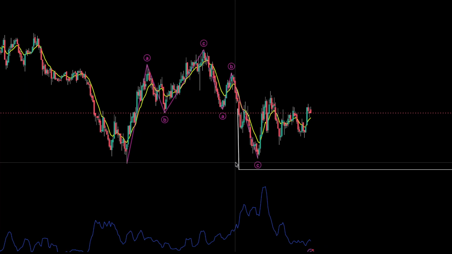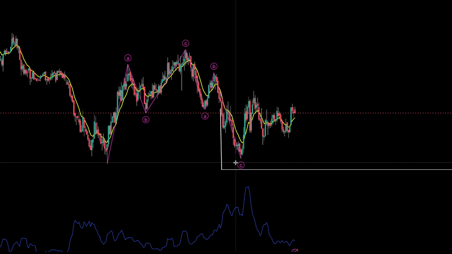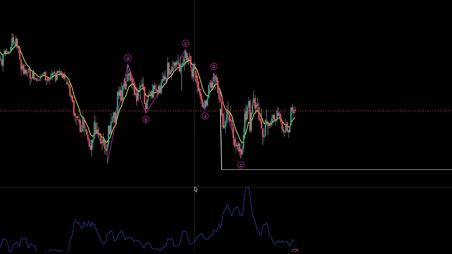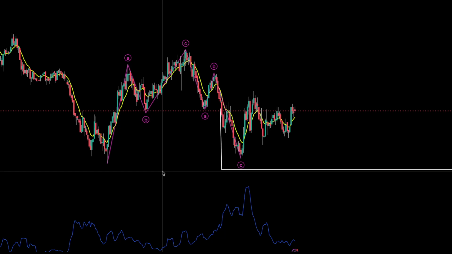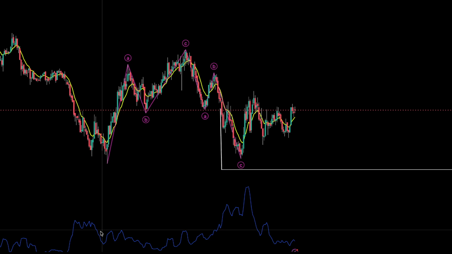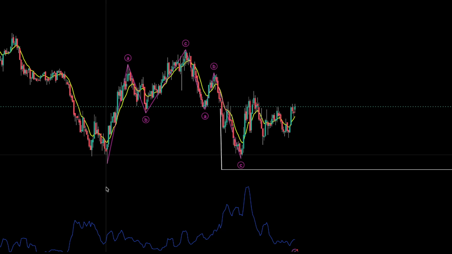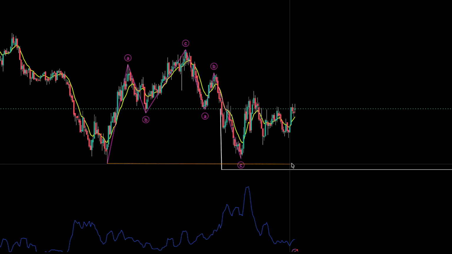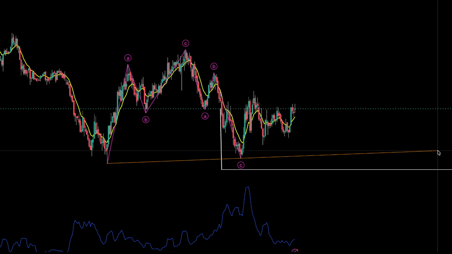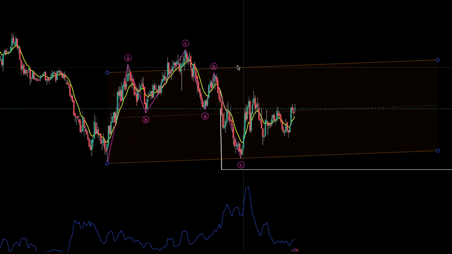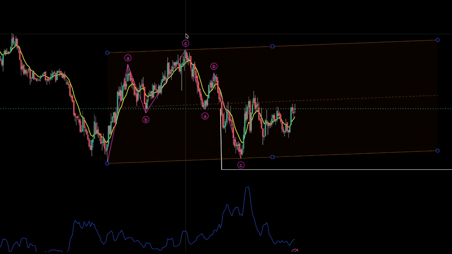And if you know from Elliott Wave Theory, corrective waves are typically in sets of 3. So you might have a 3-3-5 for a flat. And that's what I think is forming here, a larger flat. I always like to draw my counter trend corrective channels.